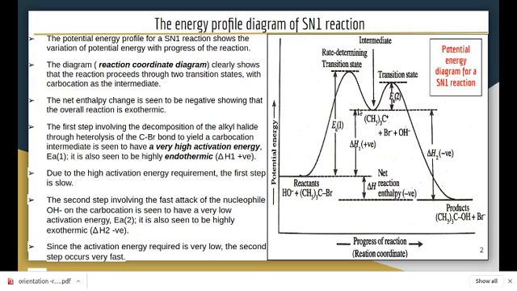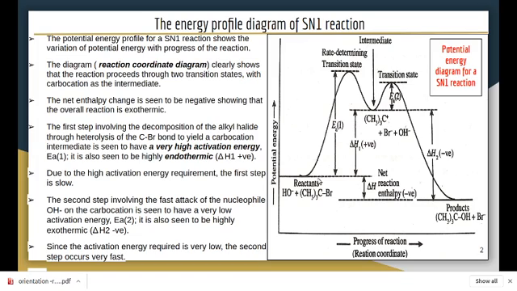This is the enthalpy of the first reaction. That means in the system we have reactants tertiary butyl bromide and hydroxide ion. When we put some energy into the system, the energy of the system increases, and the transition state will be reached.